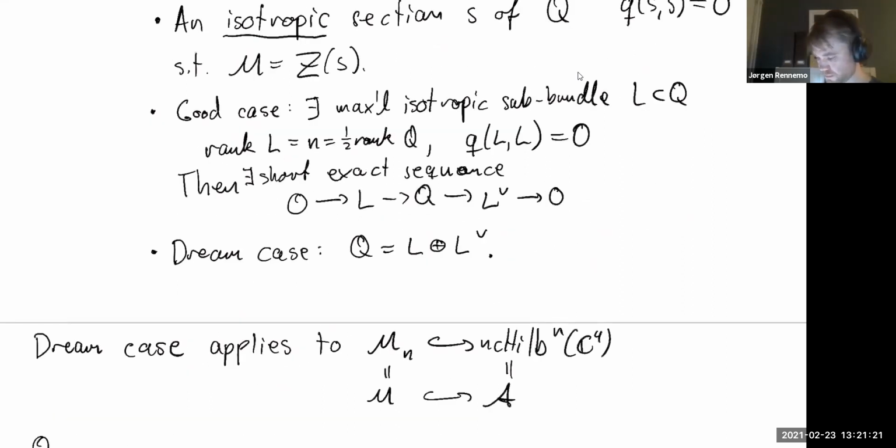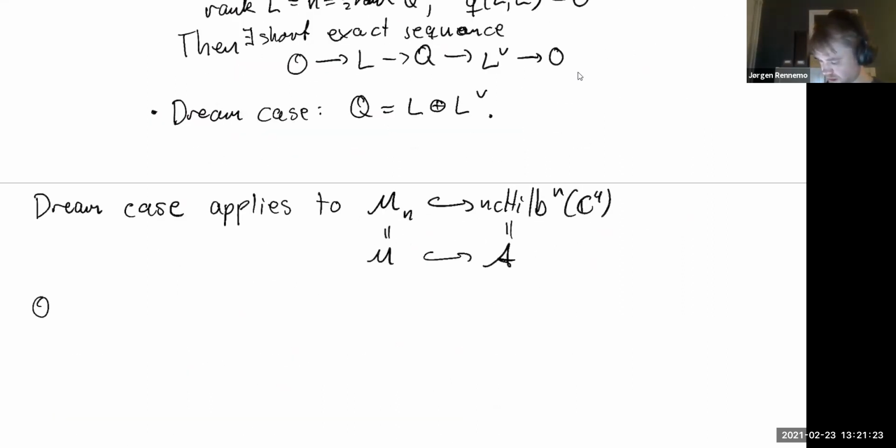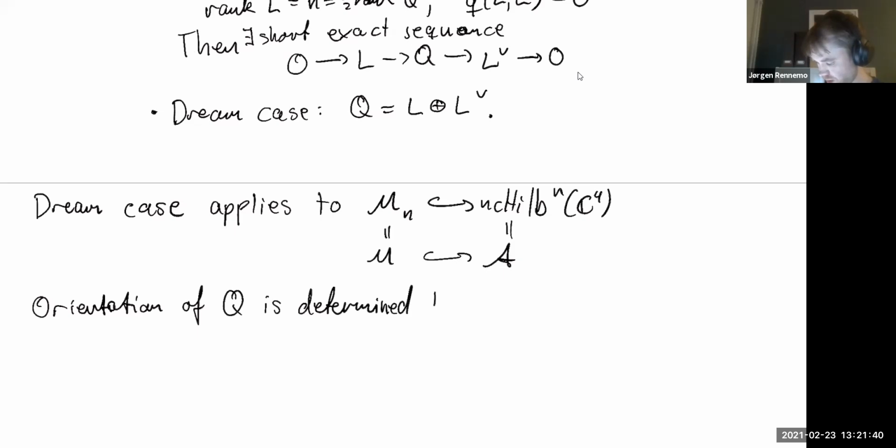For our purposes, the easiest thing to say is: an orientation of Q is determined by saying L is positive or negative.